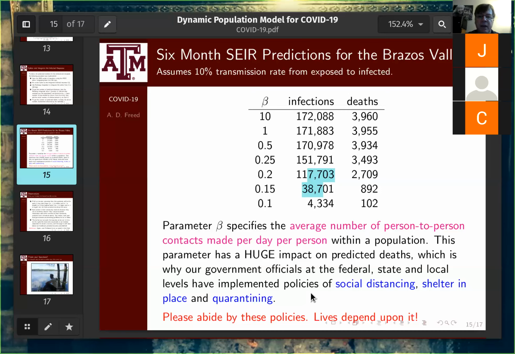There's nothing that we can do medically to intervene in this process yet. So what we have to do is affect our social behavior, because that's the only thing that's available. We have to affect what amounts to beta in this really simple model.